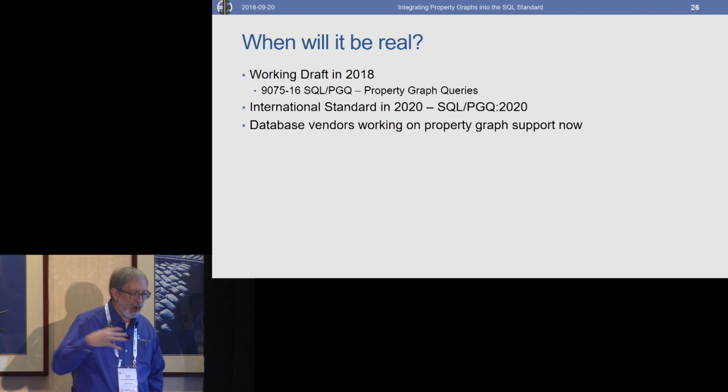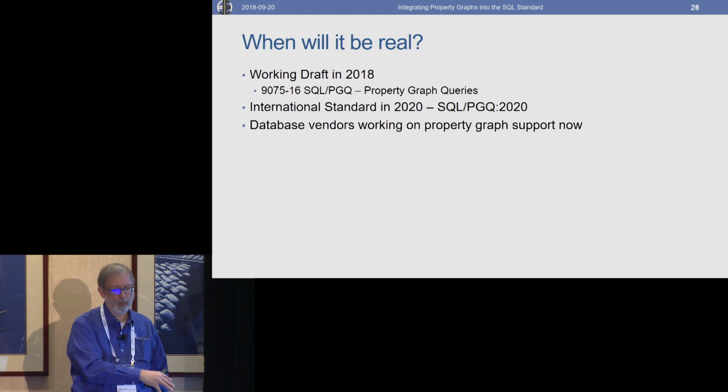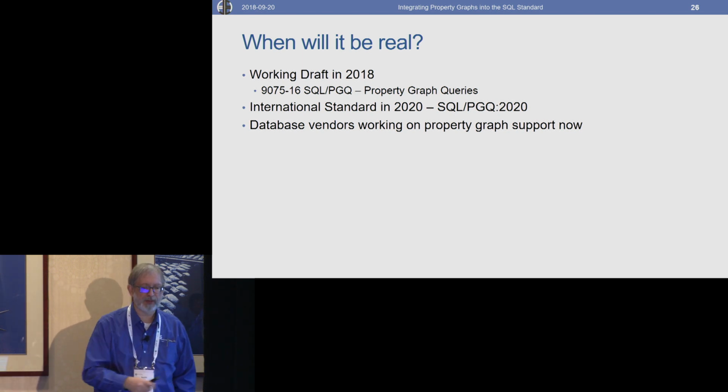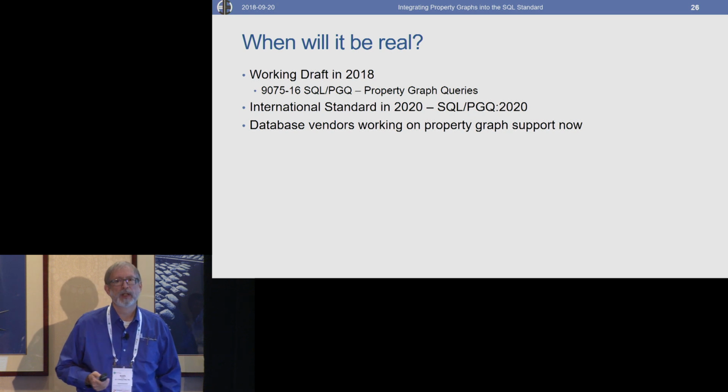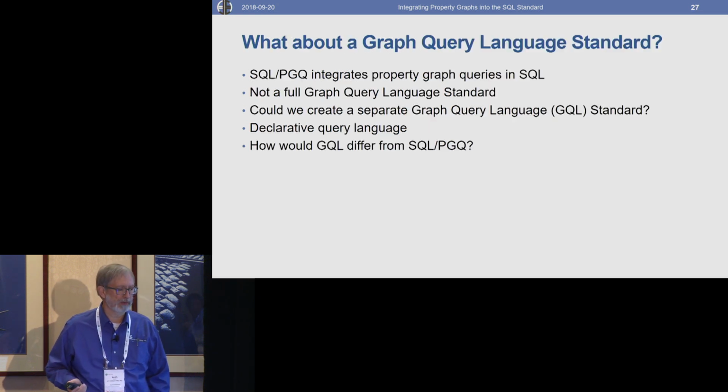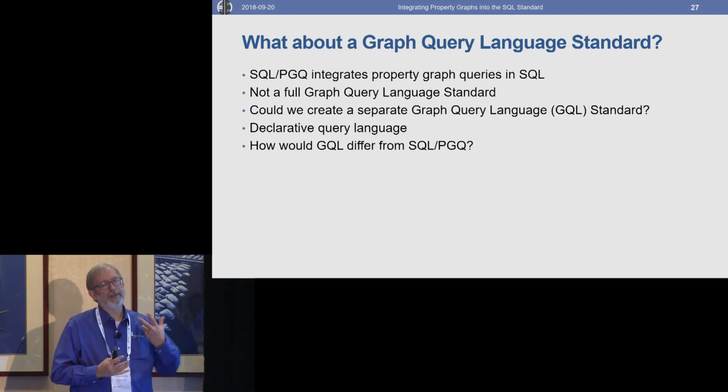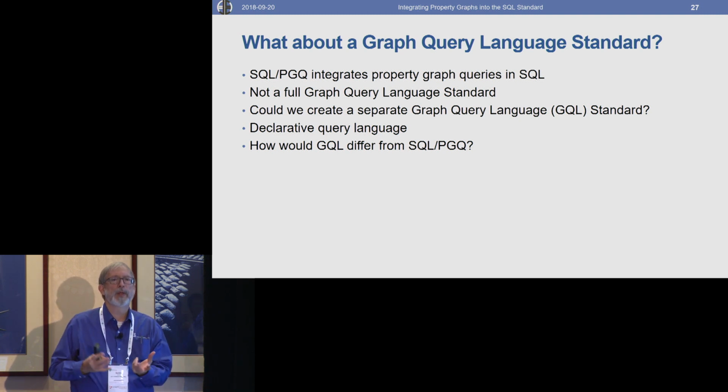Now, along with the work in the standards group, the database vendors are not standing still. Database vendors are adding graph support, property graph declarative language support to their products now. So if you look at that, the graph table example is sort of limited. We can query graphs within an SQL table, but what about a full-blown graph query language standard?